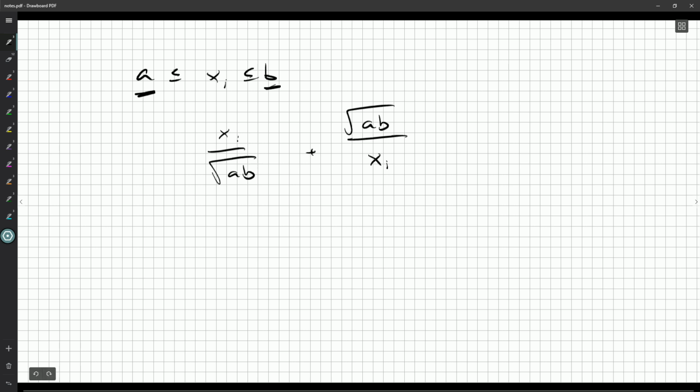Is this exactly the expression I want? So when I use b, I'll get root b over root a, and then root a over root b. And when I use a, you'll get this one here.